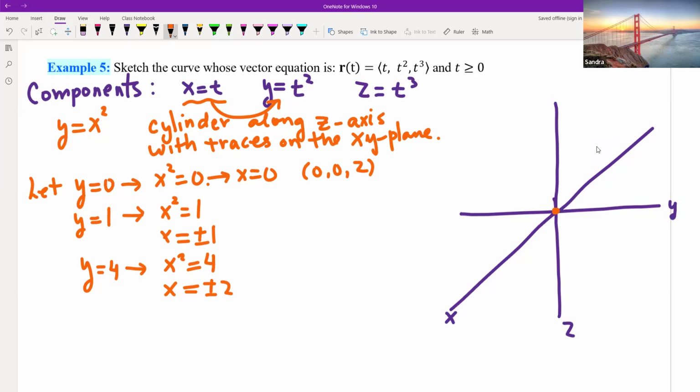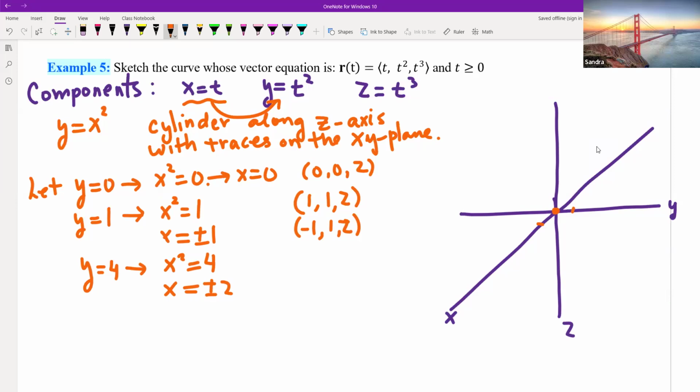Then the other one will also have an ordered pair like 1 and 1, and then z is free, or negative 1 and 1, and z is free. This is the z. So I have 1 and 1. X is 1, y is 1, and I'm going to make my z 0.